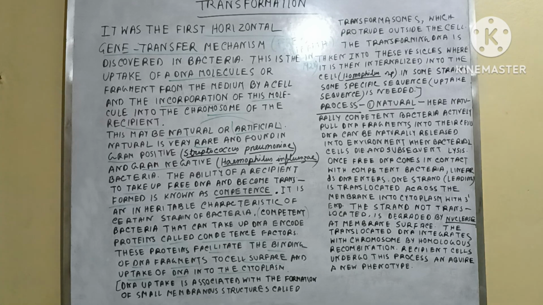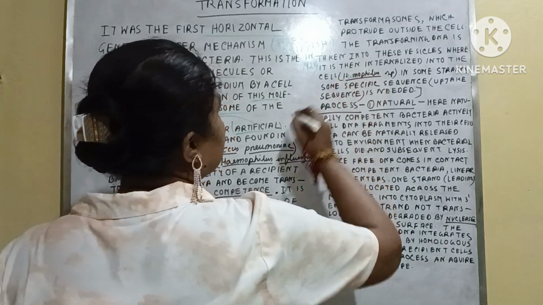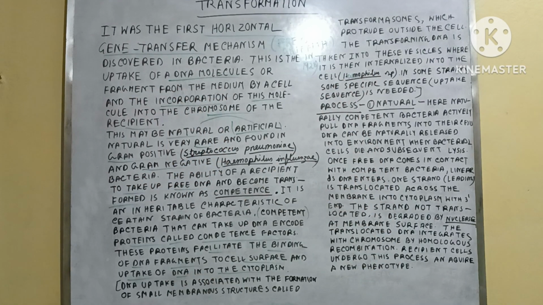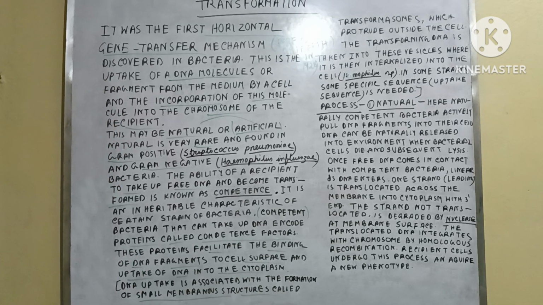Now, the second one, Haemophilus species. In Haemophilus species, DNA uptake is associated with the formation of small membranous structures called transformosomes.